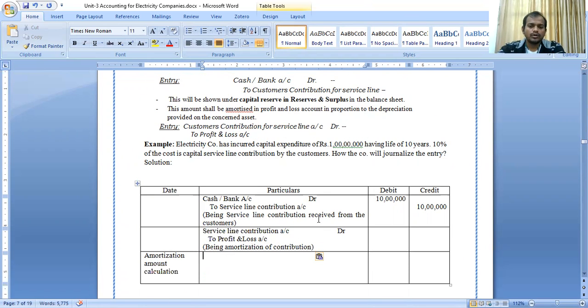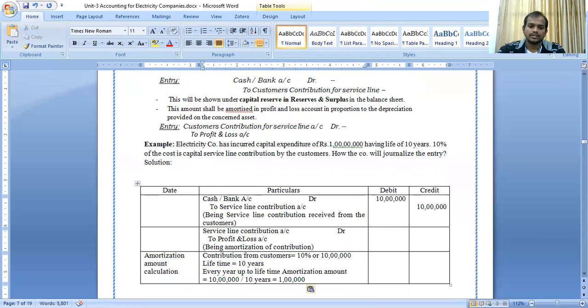Customer contribution is 10% and lifetime is 10 years. So every year up to the lifetime, the amortization amount will be 1/10 portion.